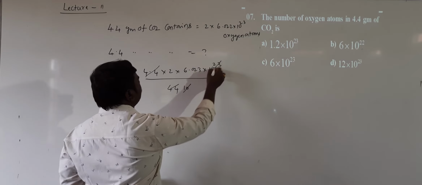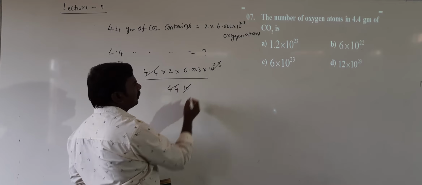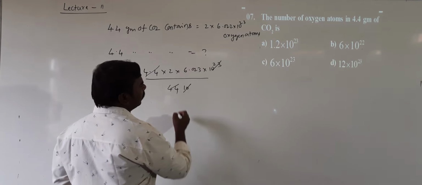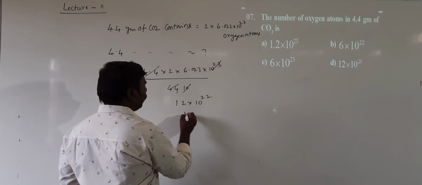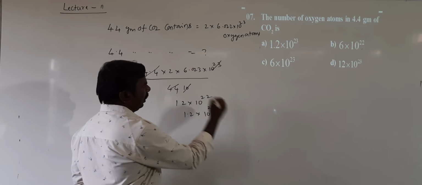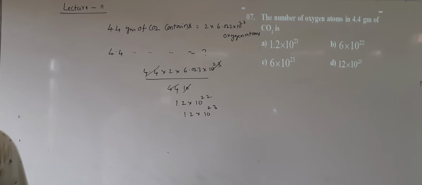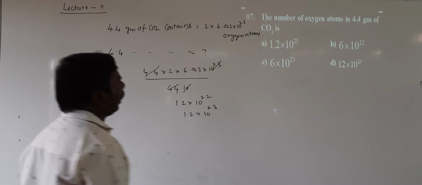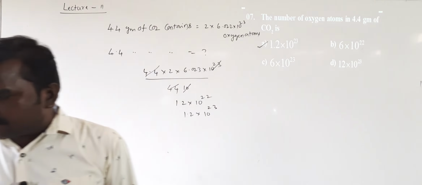It will be how much? 22 left, 6 2's 12, that is 12 into 10 to the power of 22, 1.2 into 10 to the power of 23 it is. Answer will be option A, correct. Option A, correct. Okay. Next bit.